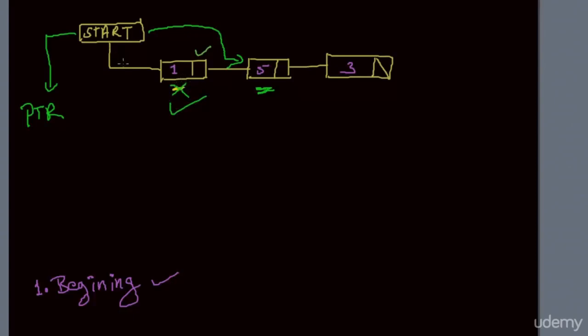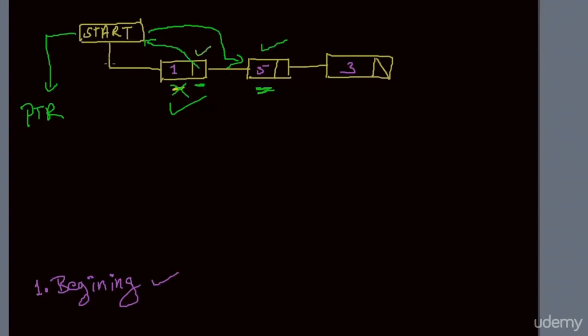Simple enough. And the second thing we will do is, as the link part of this node contains the address of node 2, we would copy the link part of node 1 to start.